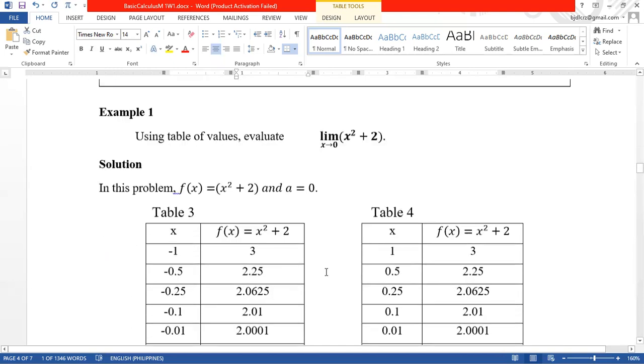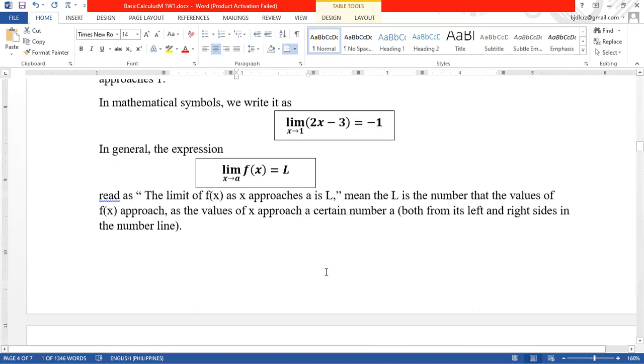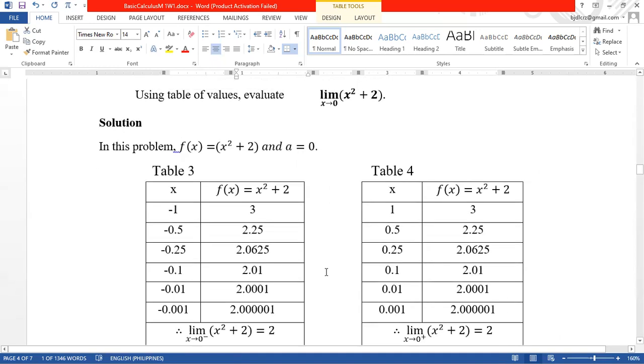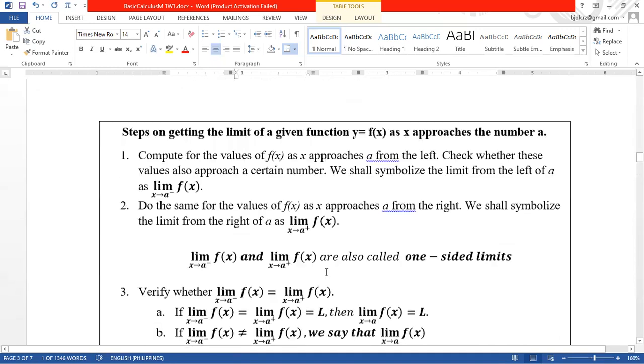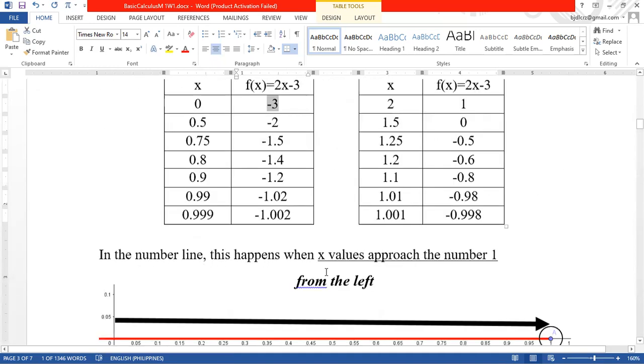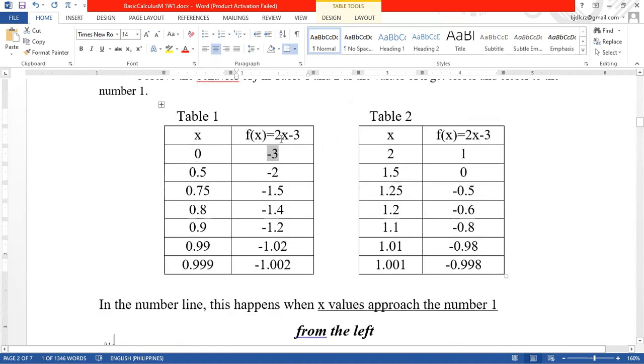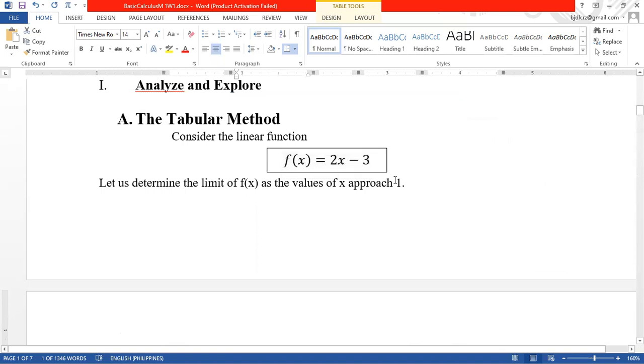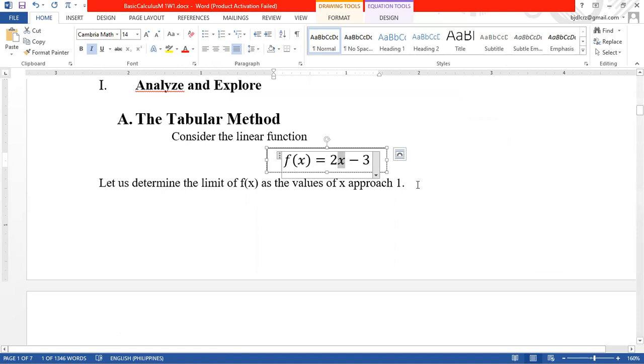Okay, here. Ito. 2x minus 3 as x approaches 1. So we substitute the value of 1. 2 times 1 is 2, minus 3 is equal to negative 1.